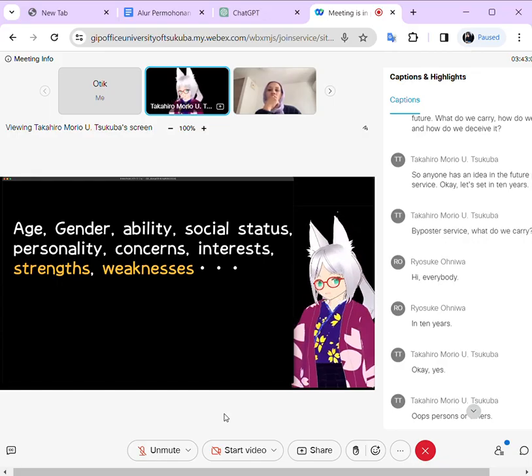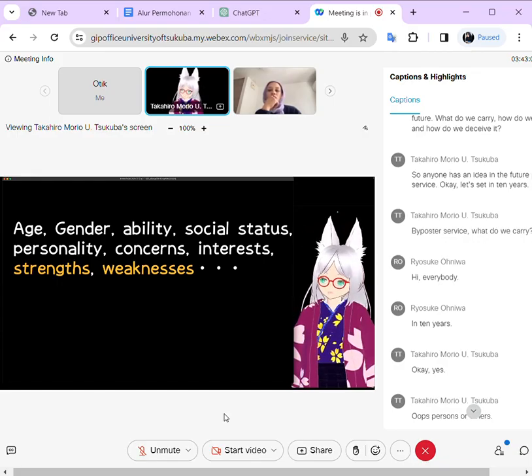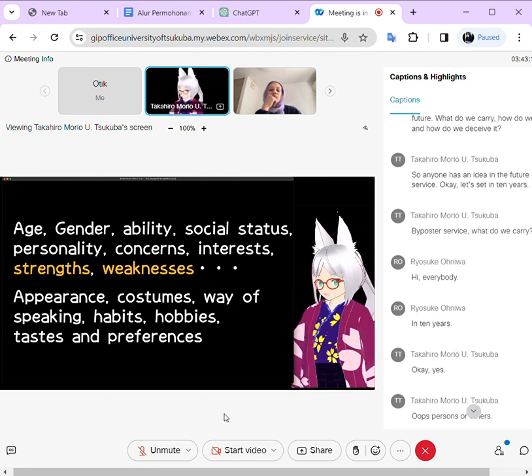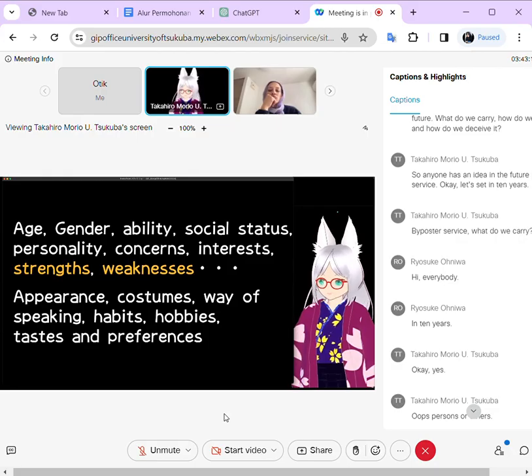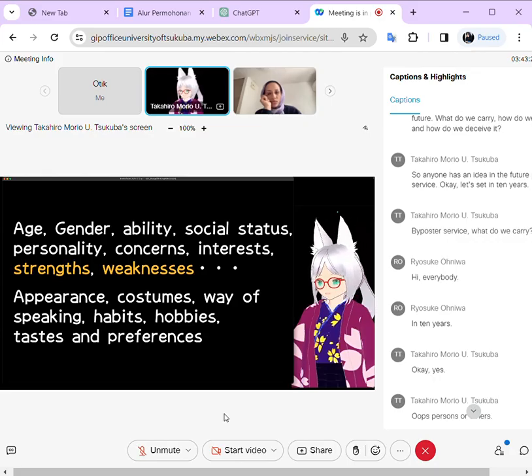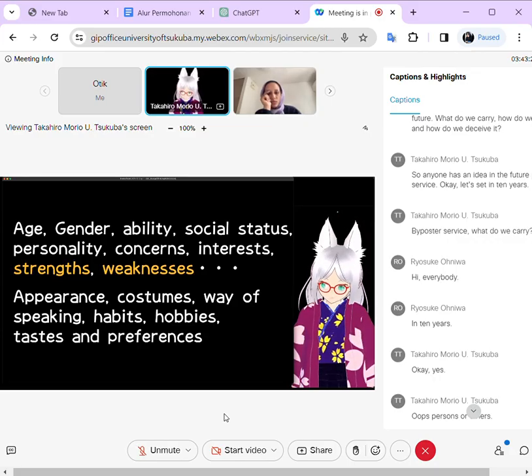Due to some constraint, the character will try to overcome, and then the story moves. Of course, to set the visual, you have to consider appearance, costumes, way of speaking, habits, hobbies, taste, and preference.